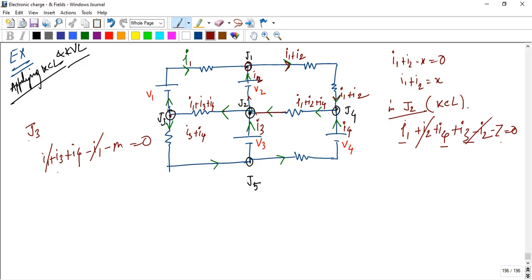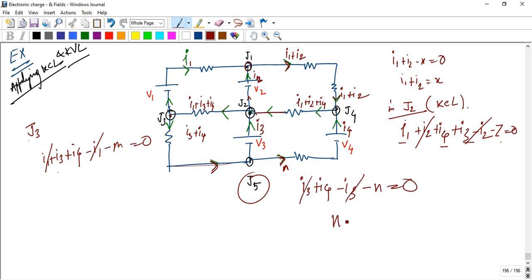Similarly here, no branch here, no junction point here. That is I3 plus I4. Now junction 5. I3 and I4 are towards the junction, plus. Okay, and I3 leaves the junction, that is a minus. Suppose the unknown is n, minus n leaves the junction. I3 cancels.